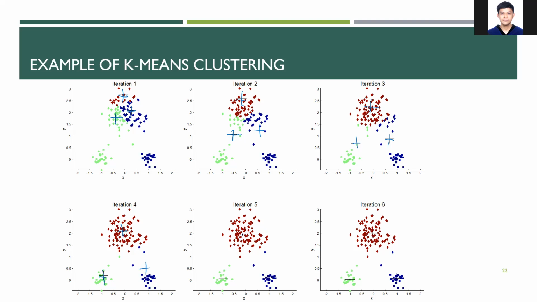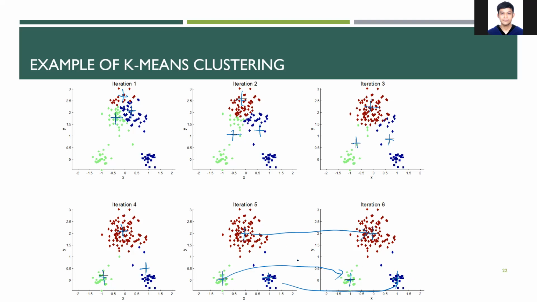So the cluster centroid always moves until we stop, until it doesn't move anymore. We can see that in iteration 5 and iteration 6, the centroid of each cluster doesn't move anymore. This is cluster 1, for example, this is cluster 2, this is cluster 3.